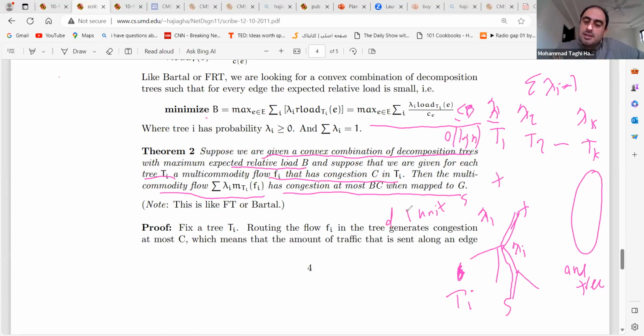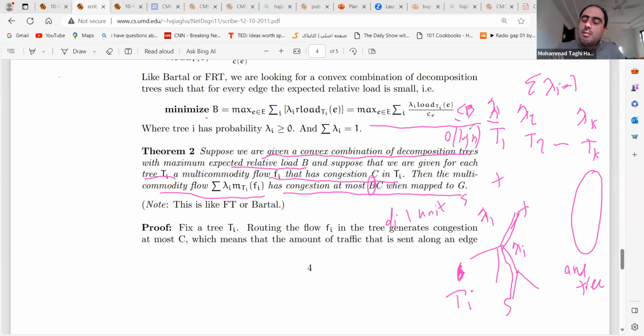It doesn't change anything, because multiplying by demands d_i does not change anything. So any flow that we have here, if you map it to graph G, then you will at most pay this additional factor beta, which is at most log n, in the congestion.